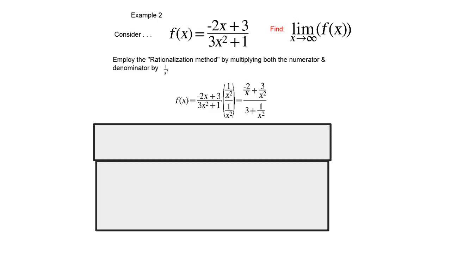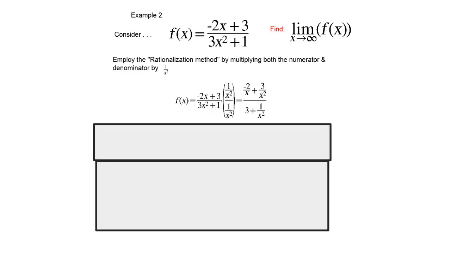So I distributed 1 over x squared to both terms in the numerator and to both terms in the denominator. And what you should see, if you are paying attention, is that I can evaluate the limit of every single term in this fraction, in both the numerator and the denominator, as x approaches infinity.